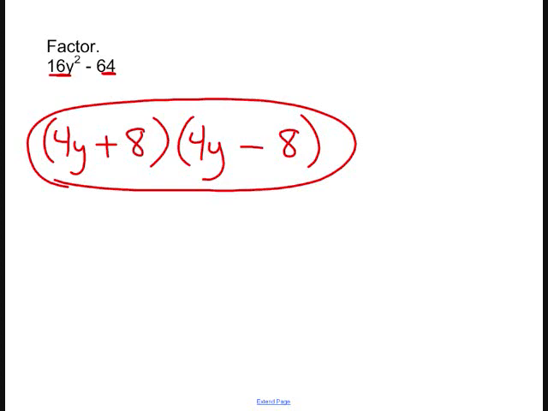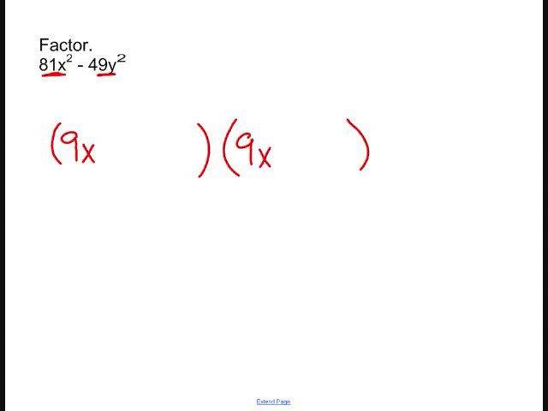Okay, taking a look at another example. All right, so once again, we still have perfect squares. Now, I know it looks a little bit different than what we're used to because it has an x squared and a y squared, but that's okay. These are still two perfect squares. So we're going to create our two binomials. We look at the first one. What makes 81x squared? Well, that would be 9x and 9x.